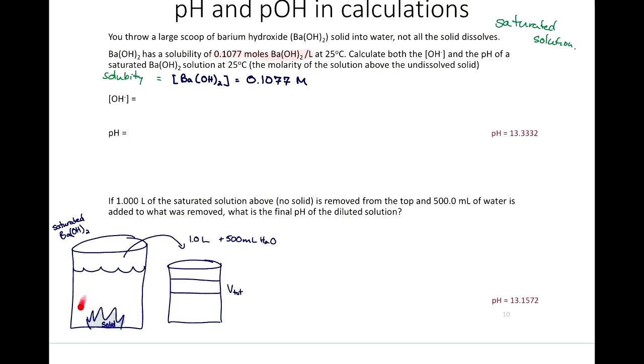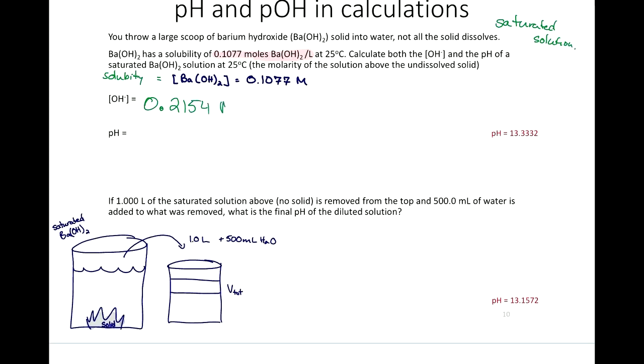So if you look at this saturated solution, we have solid sunk at the bottom, but all this solution around that solid has a concentration of 0.1077 molarity. All right, so if that's the concentration of barium hydroxide in the solution, what is the concentration of just hydroxide?